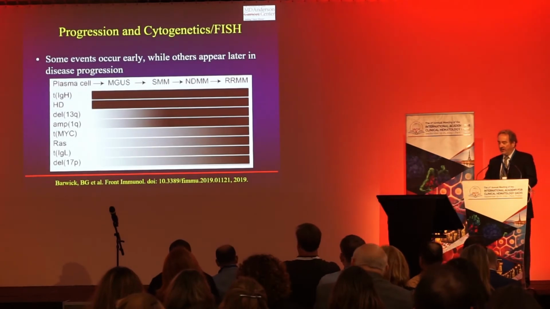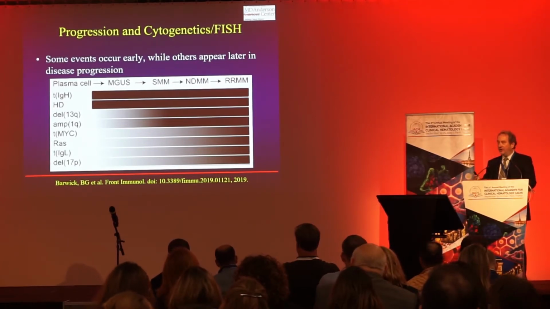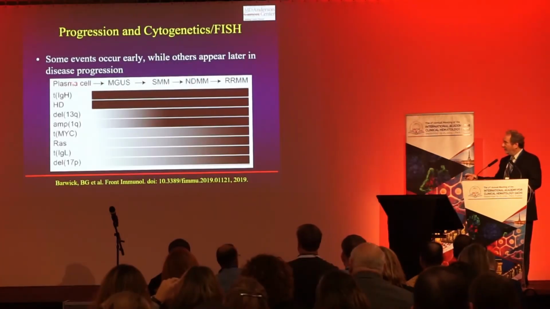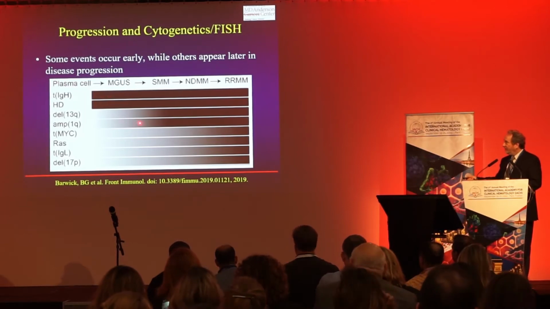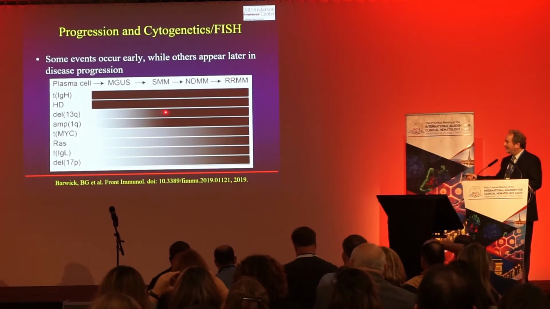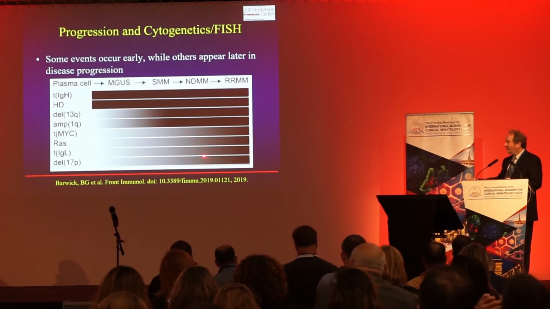Again, thinking about the molecular level, this is the current dogma, which probably means it's about half right and half wrong. The problem is we don't know which half is which. But in general, the feeling is that early events are IGH translocations or hyperdiploidy. Then you have some events that occur in the middle of the disease, and others which occur later in the relapsed refractory setting.